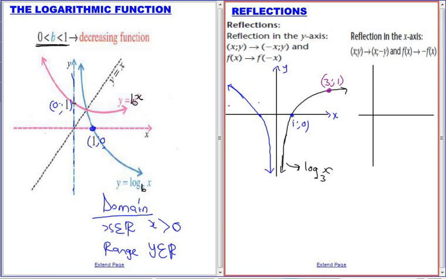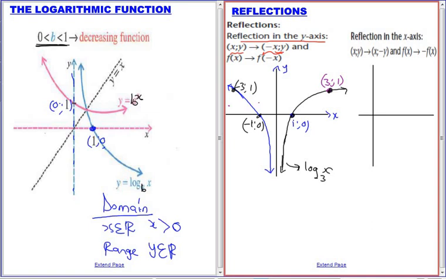So what I want to emphasize is that this point, which was (1, 0), when it comes this side, should definitely be (-1, 0). And then this point that was (3, 1), when it comes to this side, will be (-3, 1). The y values are not changing. What is changing are the x values. So the rule says if you reflect in the y-axis, your point (x, y) becomes (-x, y). In other words, x becomes negative.